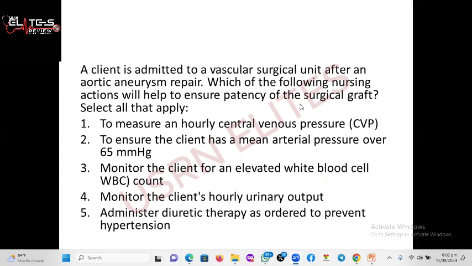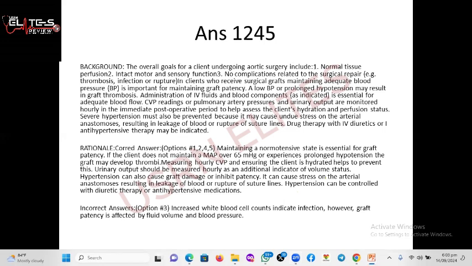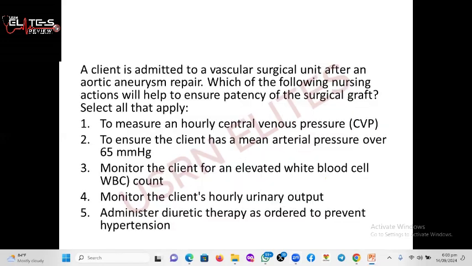Hey, I saw 90. Is it 99? 93 to 99. So Nanaya is giving us a different answer. Apart from the white blood cell count, all these things help to ensure patency of the graft. In essence, what this question is trying to ask us is to limit anything like more fluid staying within the system. If you look at 1, 2, 4 and 5, they all have to do with maintaining fluid volume.